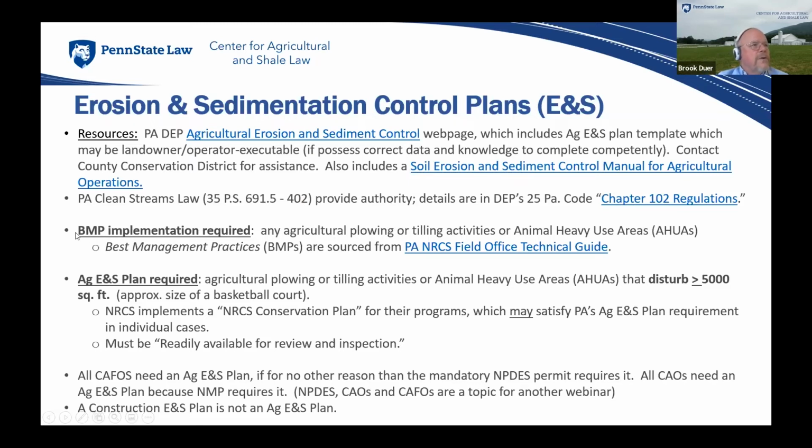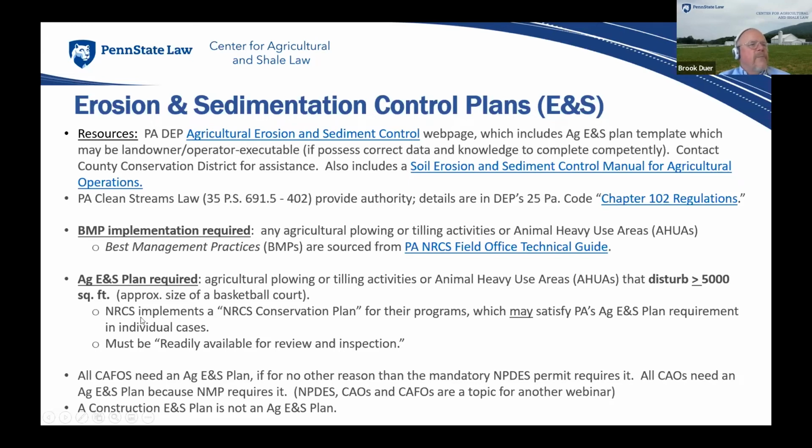Okay, the basic rules. Best management practices, which are derived from NRCS's Field Office Technical Guide, are required if you have anything that meets the definition of plowing or tilling or animal heavy use areas. If you have either of those that disturbs or covers more than 5,000 square feet, then you need an actual ag E&S plan.